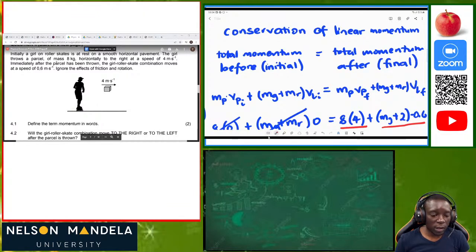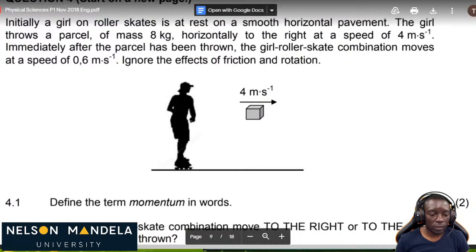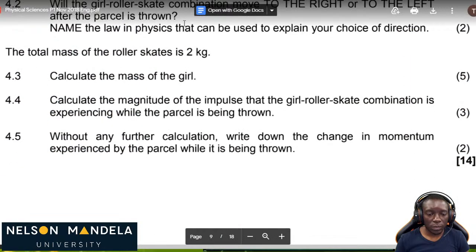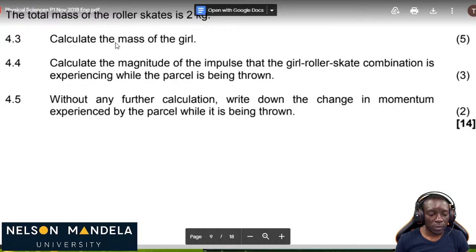Now, let's move to the next thing. In the next part of this question, you are required to calculate the magnitude of the impulse that the girl roller skate combination is experiencing while the parcel is being thrown.